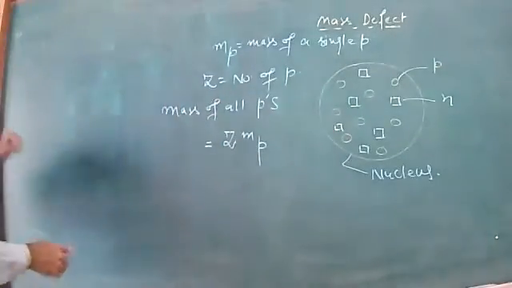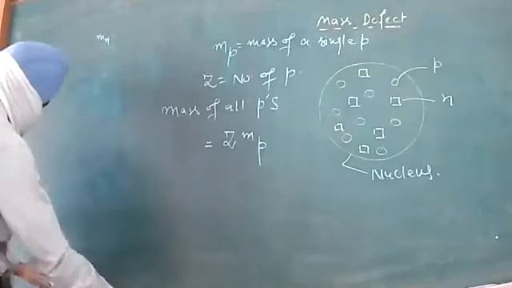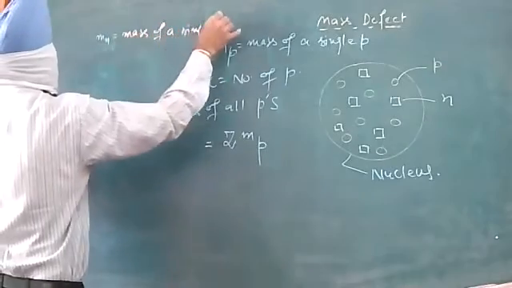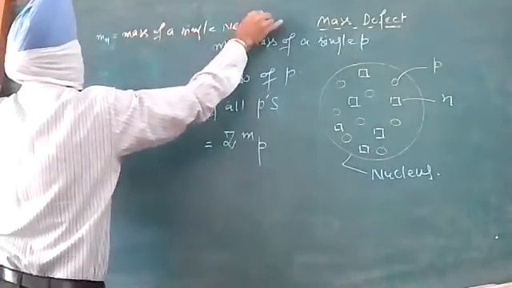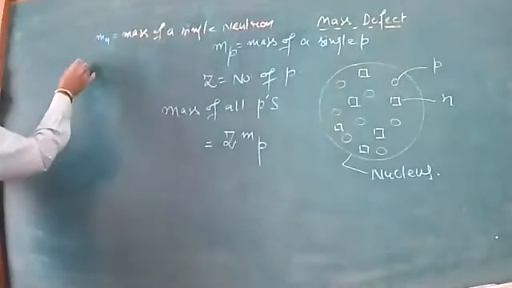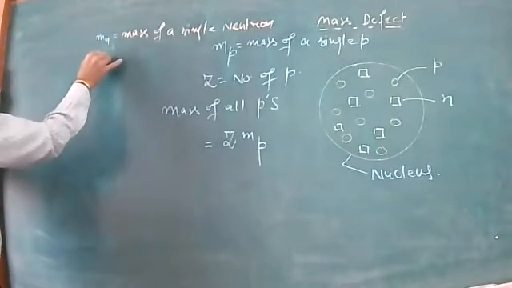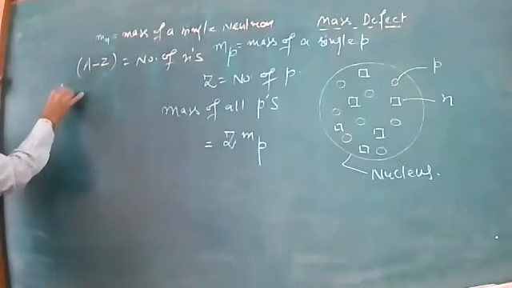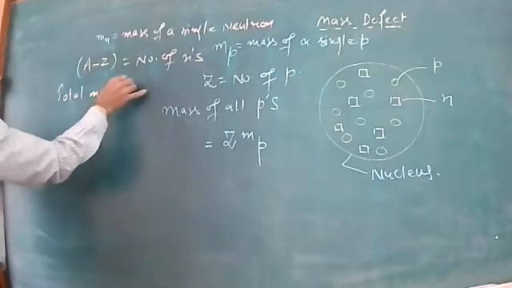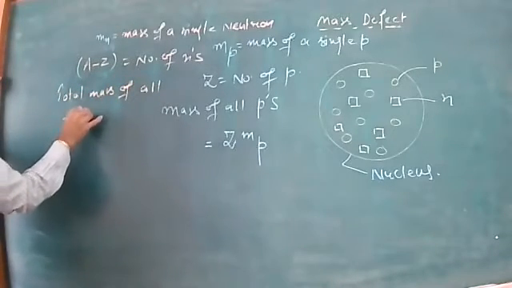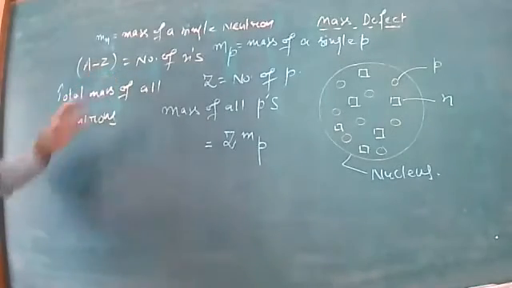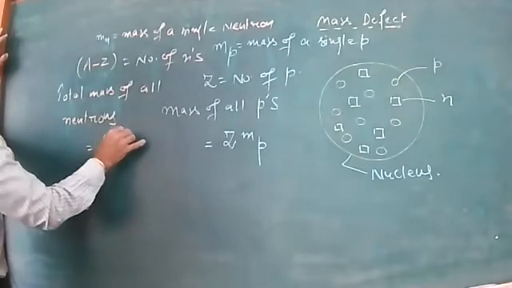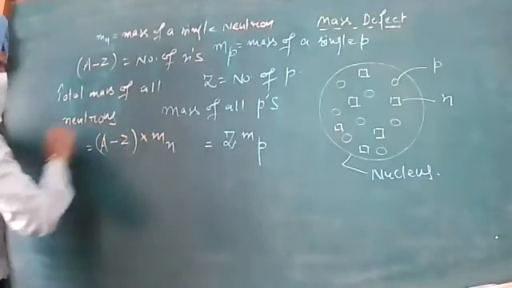This is the total mass of all the protons when these are not packed into the nucleus. On the same guidelines, let mn be the mass of a single neutron, and the number of neutrons in this will be A minus Z. So the total mass of all neutrons, again when these are outside the nucleus, we are separately counting these all, will be A minus Z into mn.